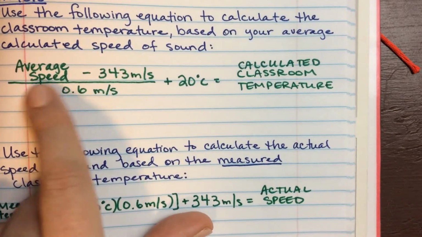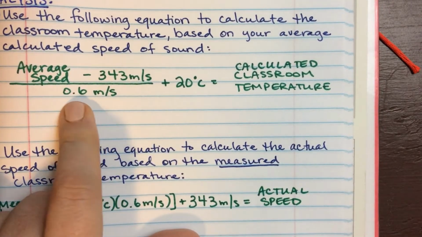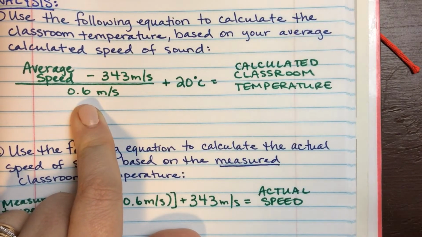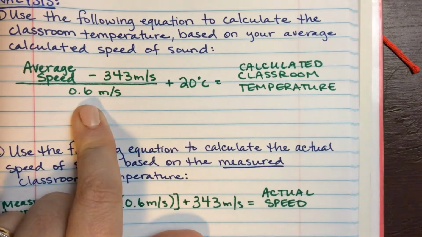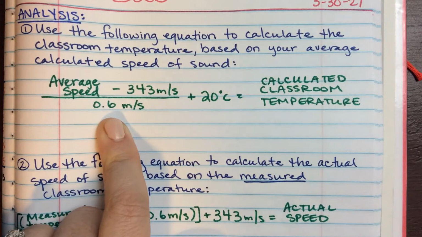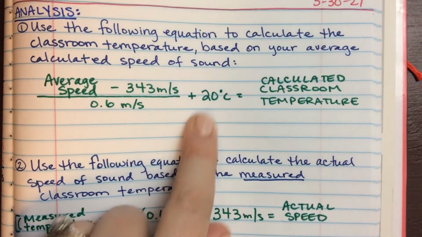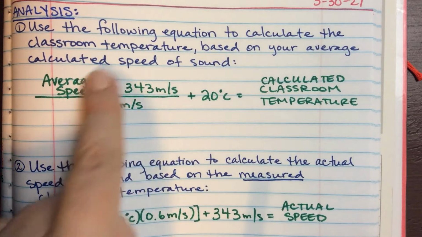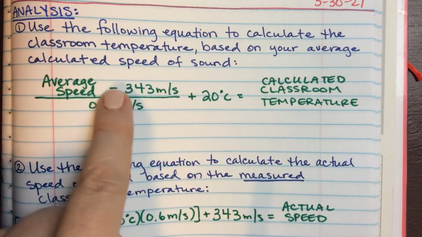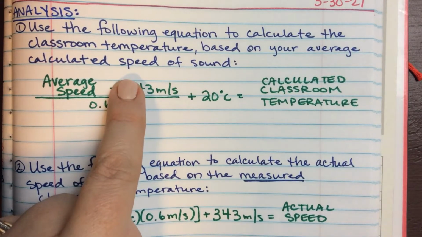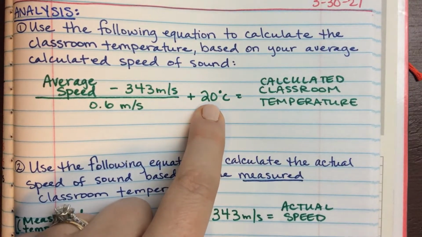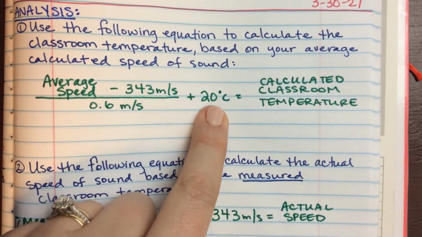I'm going to take that difference divided by 0.6 meters per second, which is how much the speed changes for every degree difference. And I'm going to add that to 20 degrees Celsius, because this first part tells me how much difference there is in the temperature, and the 20 is my base point. That's what I'm starting with.